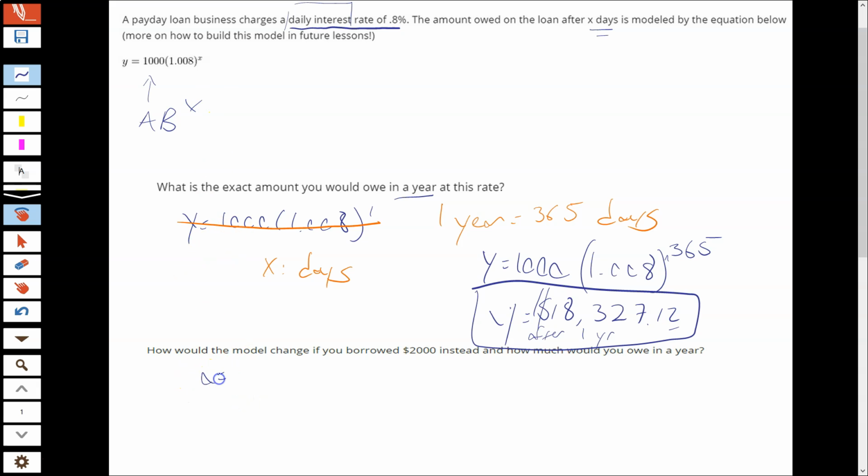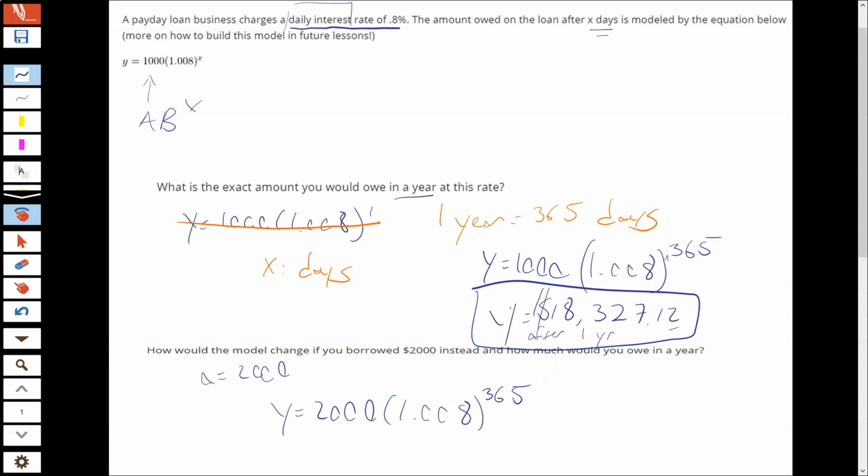What this is saying is my a is $2,000, right? So what I would do is I'd say y equals $2,000 times the same interest rate, 1.008 to the x, and x is going to be 365 again.